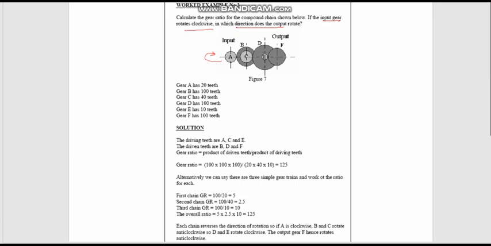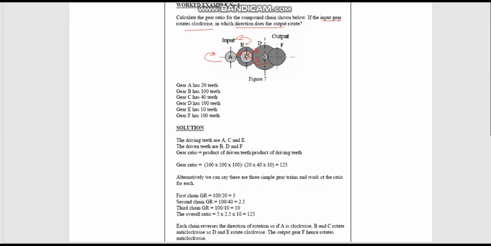So if A rotates clockwise, then B will rotate counterclockwise, and B is connected to C, so C will also rotate counterclockwise, and C will drive D. So D will rotate clockwise, and D is connected to E, so E will rotate clockwise.